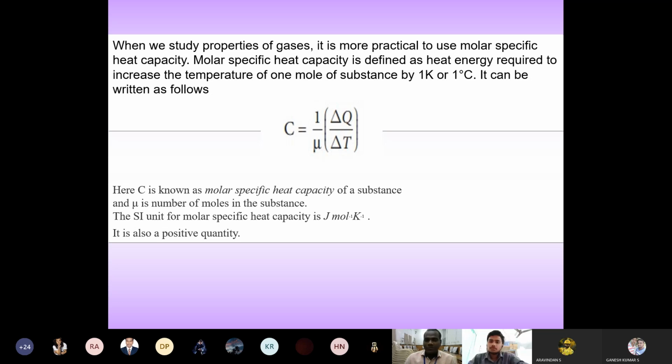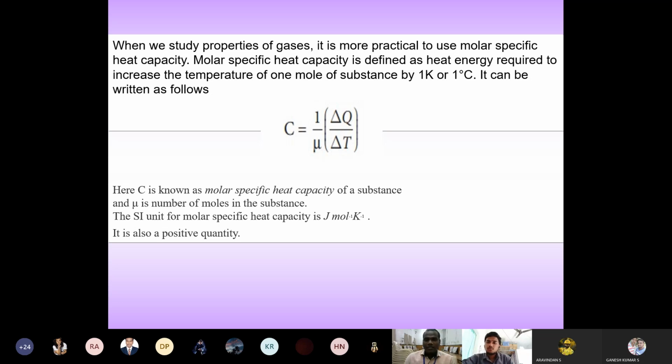So it can be written as the following equation. The symbol will be C, right? Here molar specific heat capacity, capital C, is equal to 1 by mu, the number of moles, times delta Q by delta T. The same formula, but we can rewrite it as we want. Here C is the molar specific heat capacity of the substance, and mu is the number of moles in the substance.